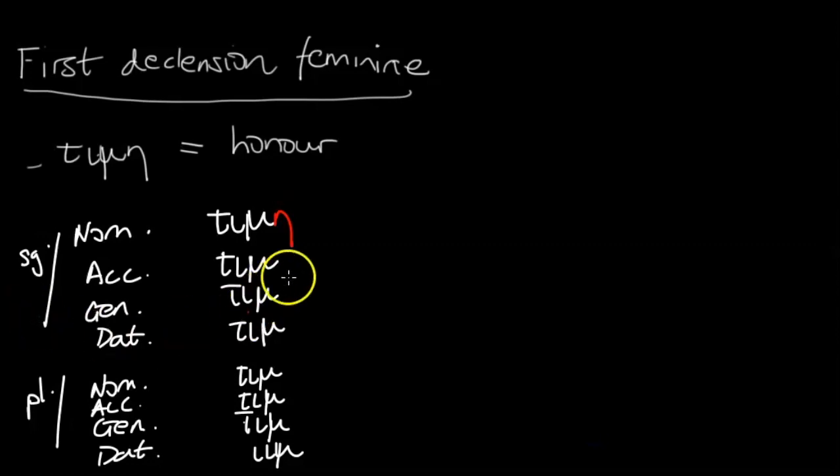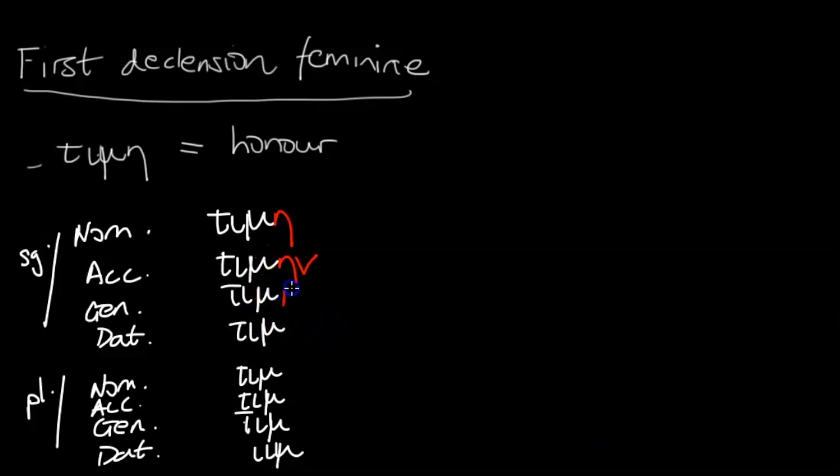The accusative is ēn, which again corresponds to the definite article. The feminine accusative singular definite article, which was, as you may recall, tēn. This is just ēn. Obviously, we don't need the tau because we've got the stem already.